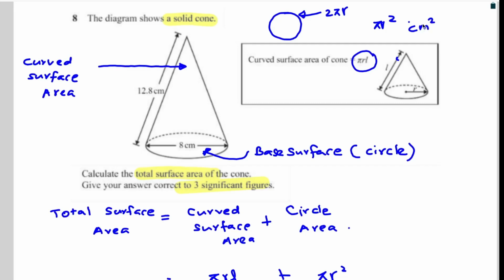For the circumference, the outer length, it is 2 pi r. There is no squared for the length. For the outer length, it is just 2 pi r. For the area, it is pi r squared.